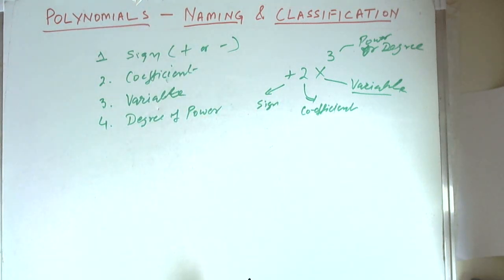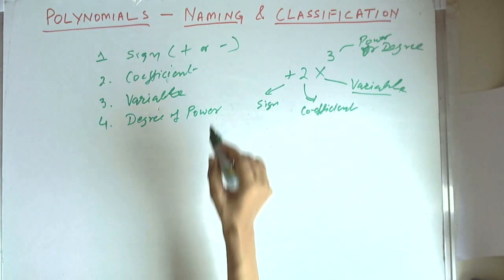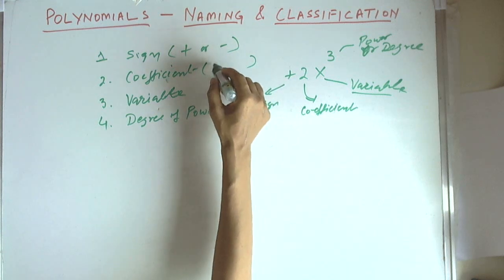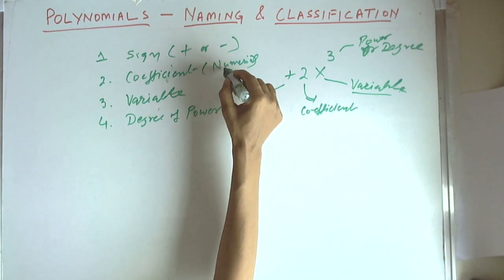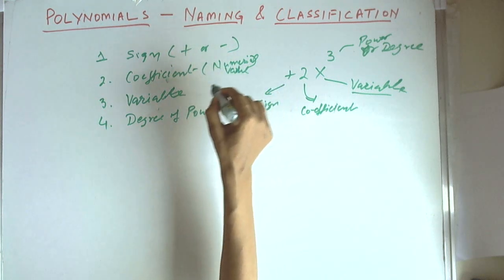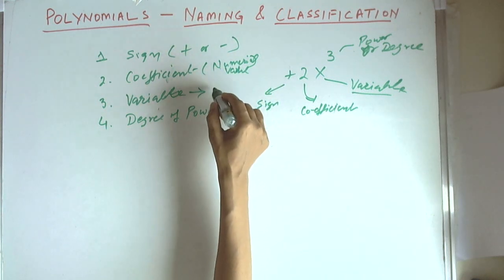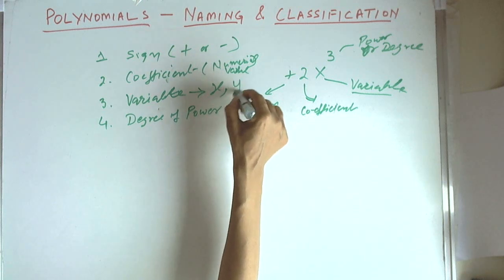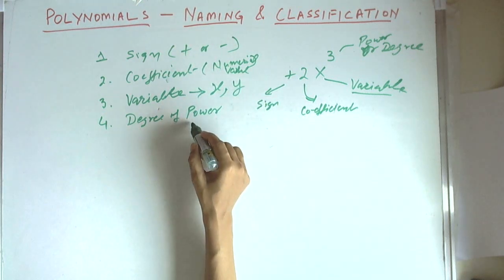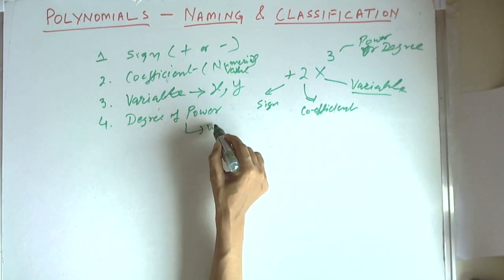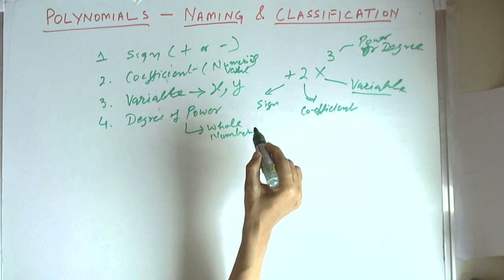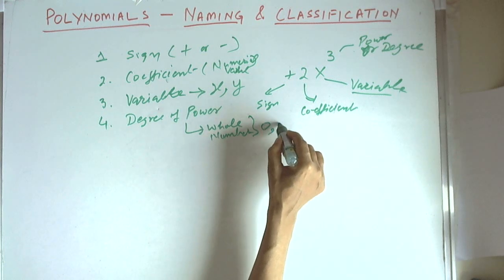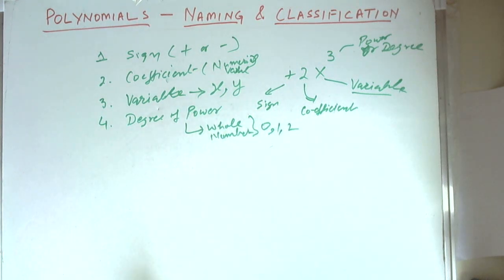Sign cannot be multiplication or division. And coefficient can be any numerical value. And variable can be one or many, like x, y. And degree or power can be only from the set of whole numbers. That means it can be only 0, 1, 2, etc.